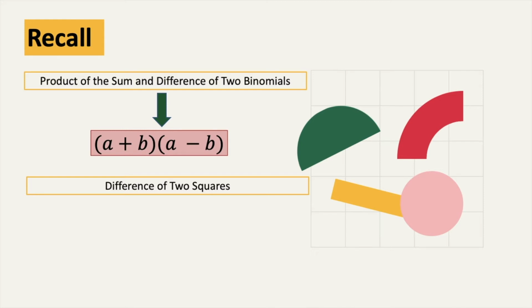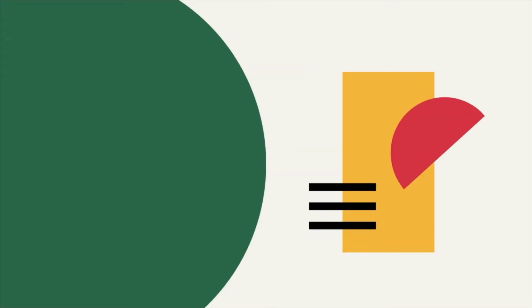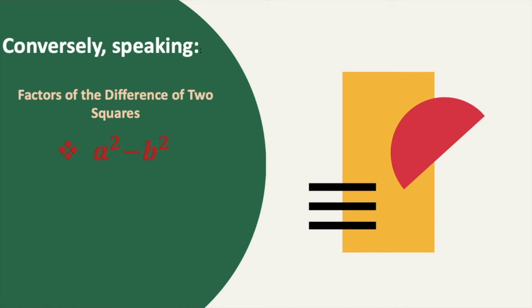Thus, the product is expressed as a squared minus b squared. Conversely speaking, the factors of the difference of two squares, a squared minus b squared, will always be the sum and difference of two binomials, a plus b and a minus b.